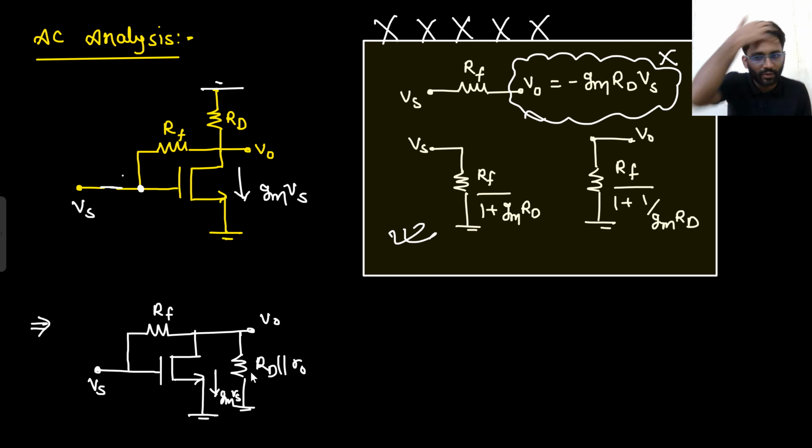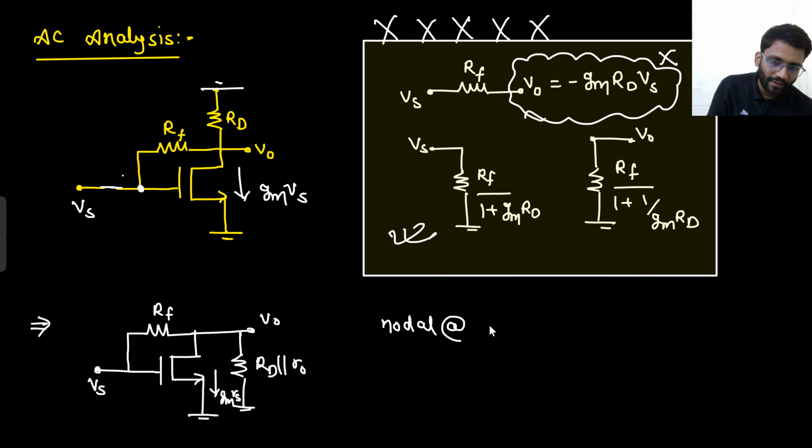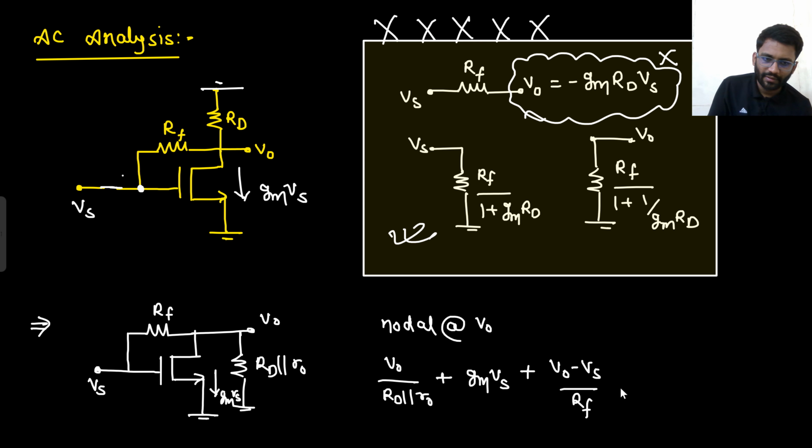Nodal analysis at V0: V0 by RD parallel R0, plus gmVs, this current plus this current plus this current, plus (V0 minus Vs) by RF is equal to 0. From here you can find the value of V0 by Vs, right? You can find it out on your own.